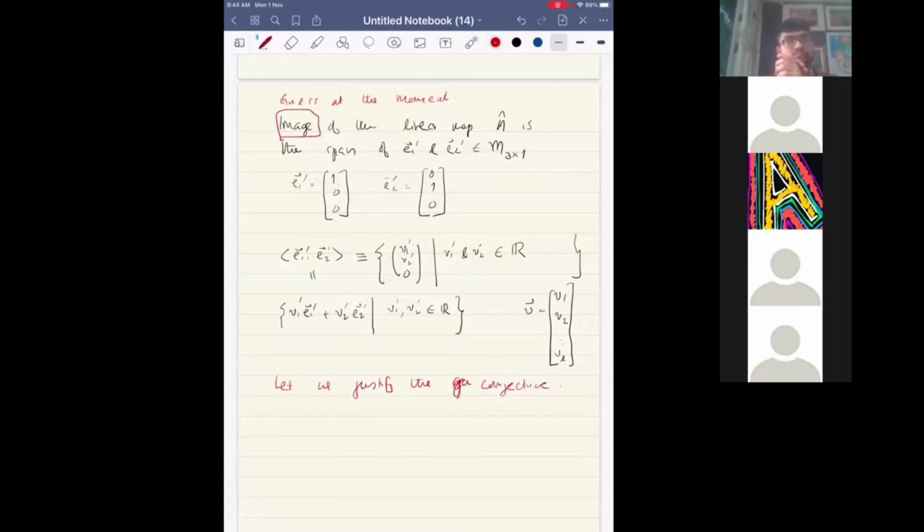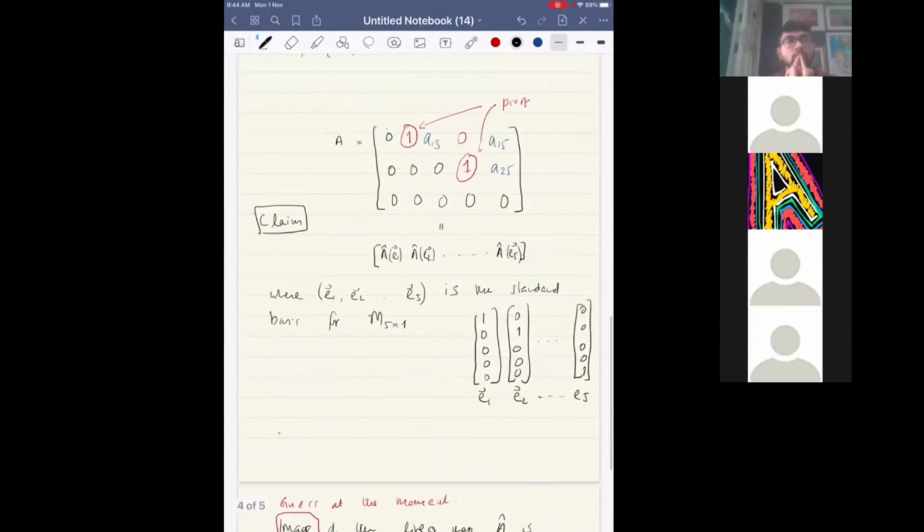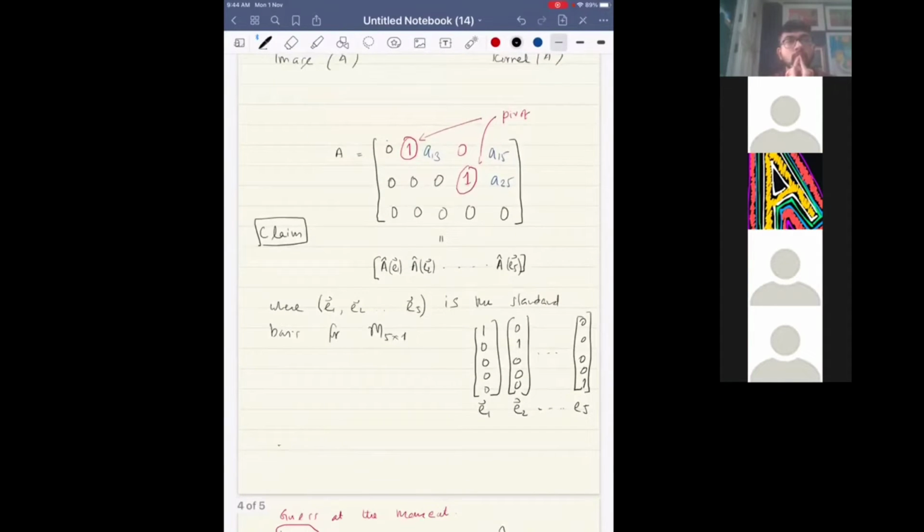The claim is that this is the span. So the question: does the image contain E1 prime and E2 prime, because the span must certainly contain these two vectors? What do you think?